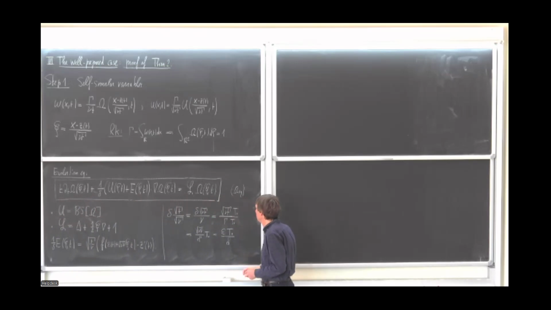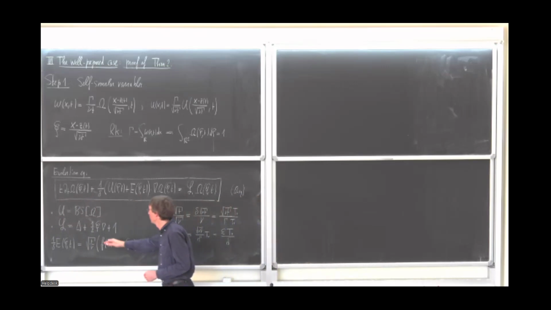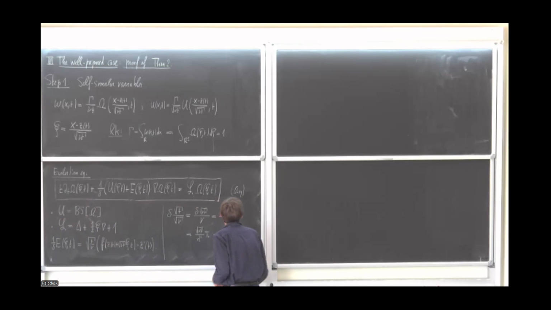It's natural, yes. T0 divided by V is 1 over speed, so let's make this dimension matching.